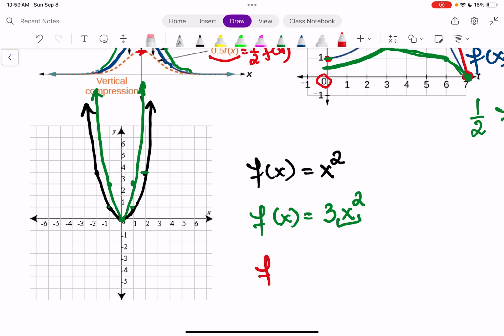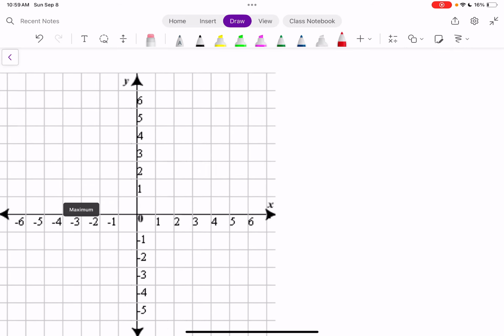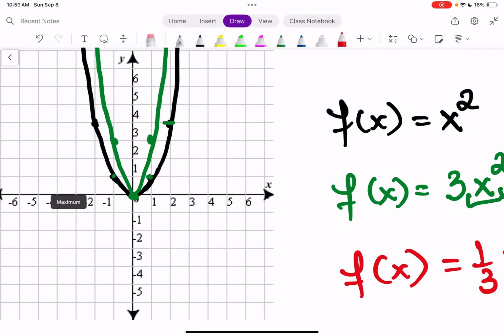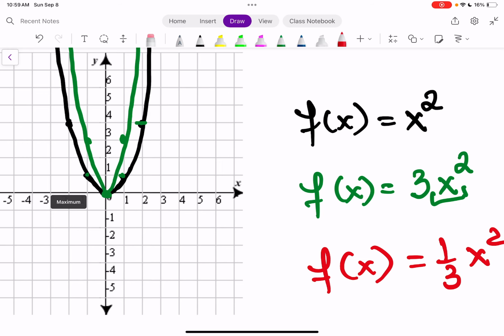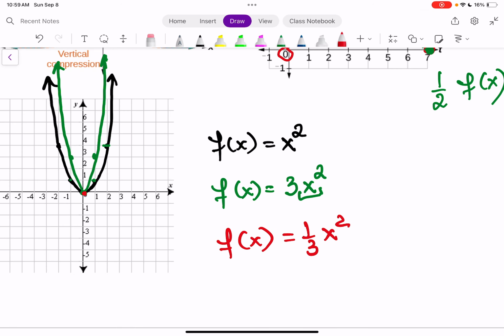So let's try 1/3 times x squared. So 1/3 times x squared, that means take all the y values from before and multiply them by 1/3. So 0 times 1/3 is still 0. 1 times 1/3 is 1/3. This is 4. 4 divided by 3 is 1 1/3.